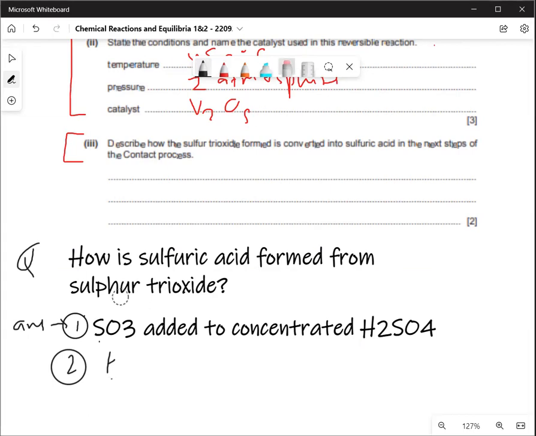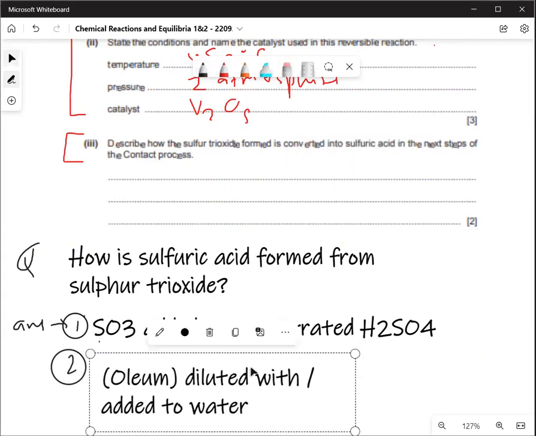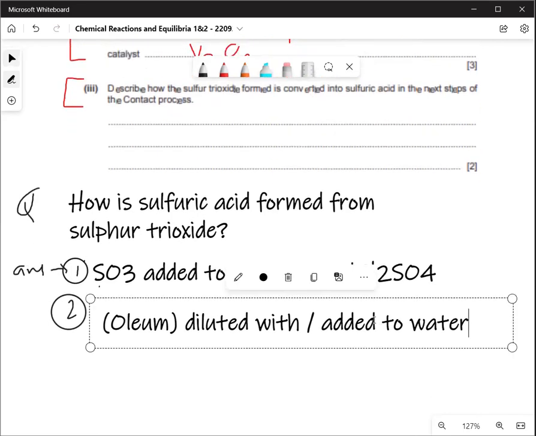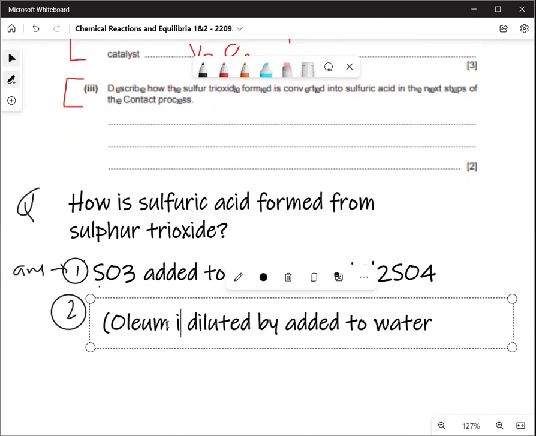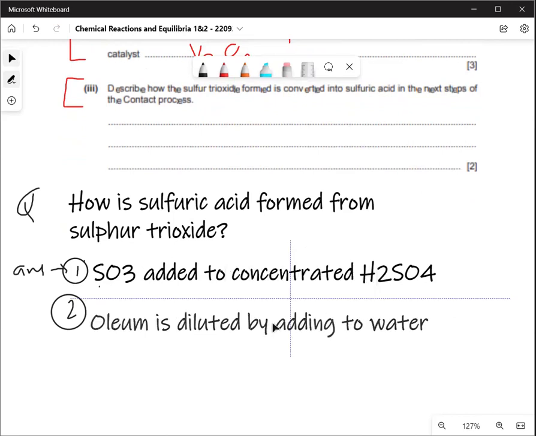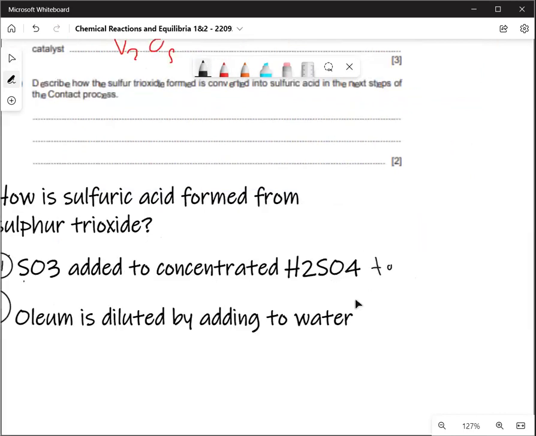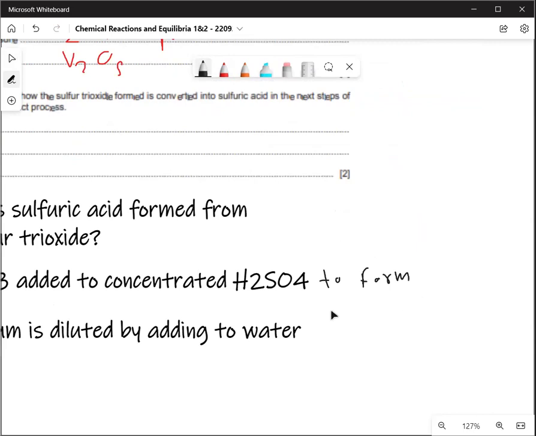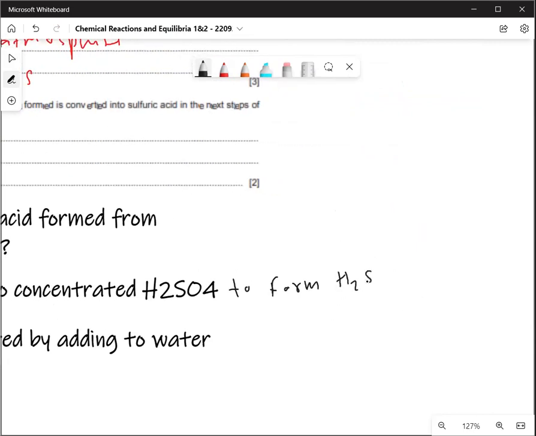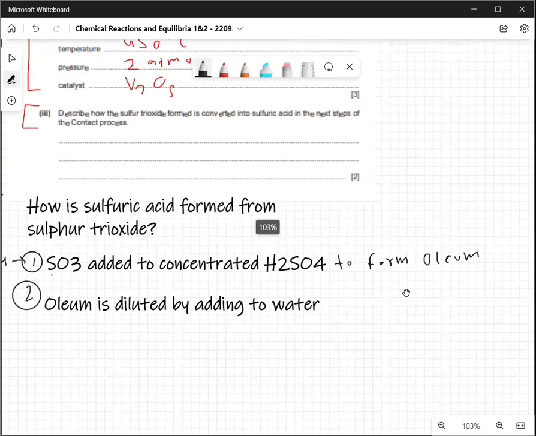This is diluted by adding to water. After this, you should write to form H2SO4 from oleum. That's it. Now there's the answer.